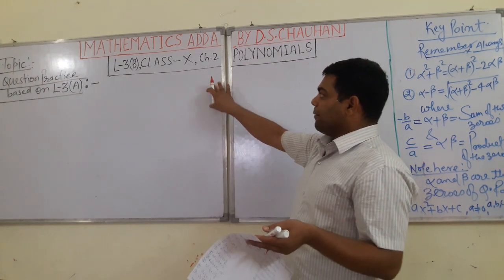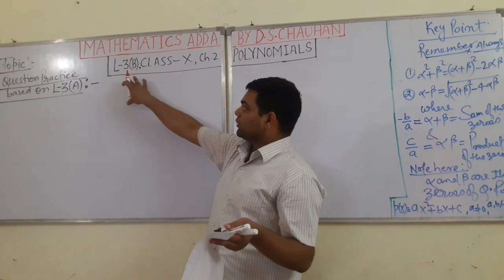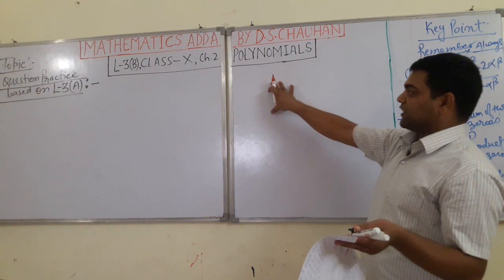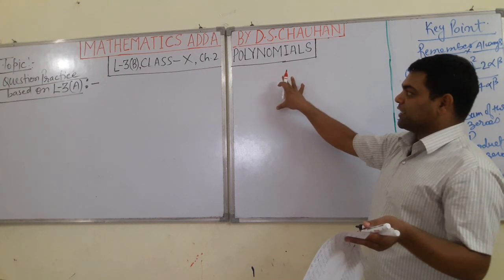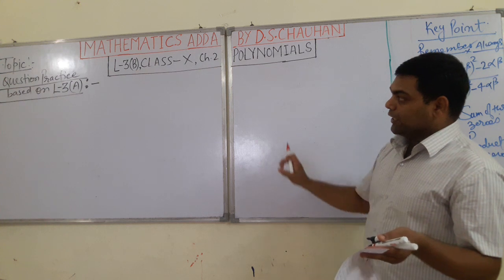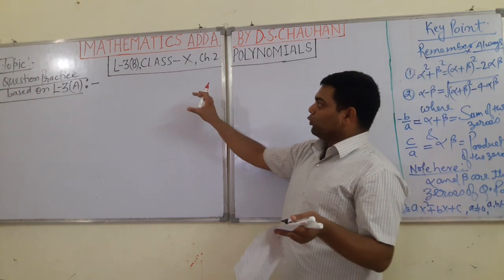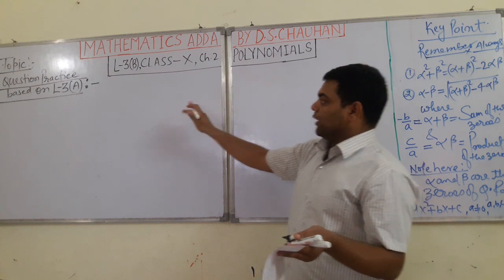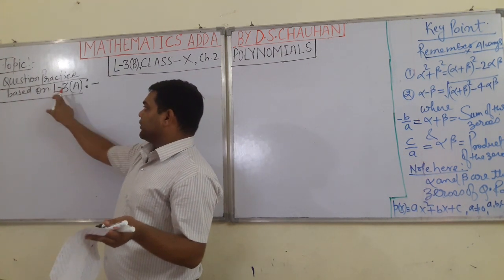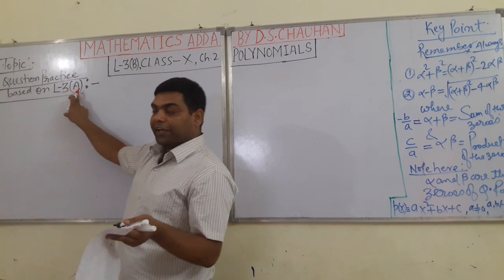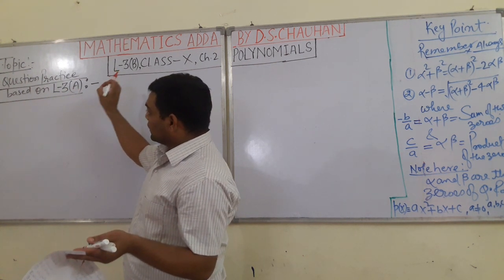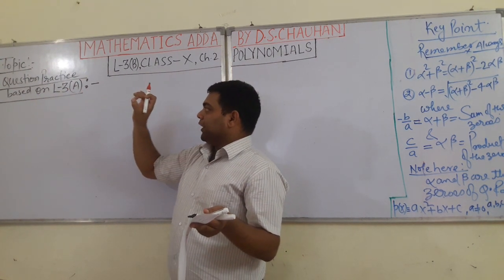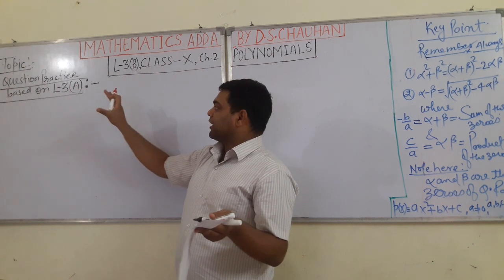Today I am here with the second part of the chapter Polynomials for class 10th standard students, related to the CBSE boards. Students, today I am going to tell you questions related to the concept of lecture third part A. In third lecture part A you have seen that it was fully based on the conceptual.